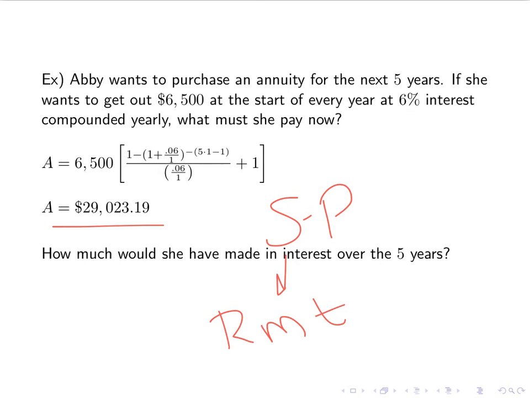It depends on what's happening first. So before, when I had that the present amount was RMT, it's because I put that money in first and then I got out a certain amount. But now I'm putting in my A and I'm getting this guy out. So be really careful. You have to make sure you know what situation you're in. But you're always going to be doing R times M times T. It's just sometimes that's the present amount, sometimes that's the future amount.